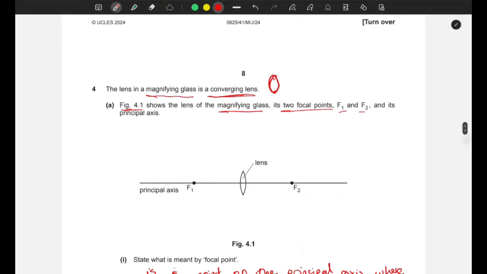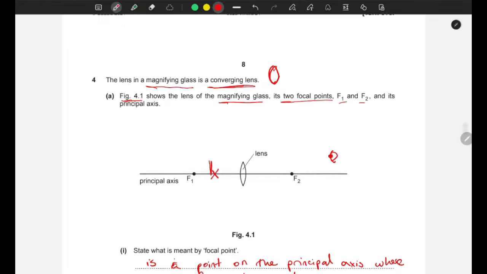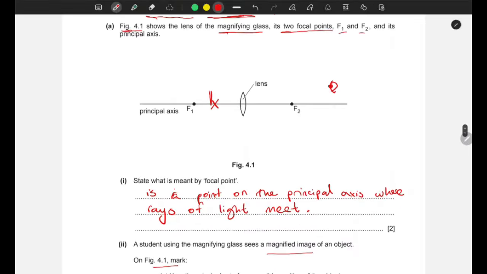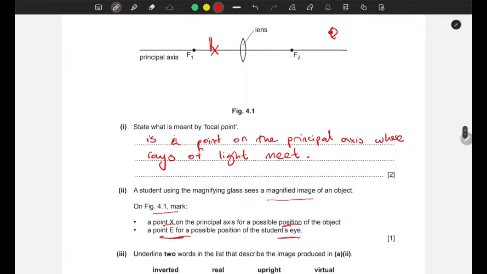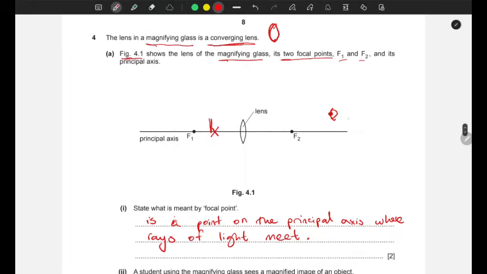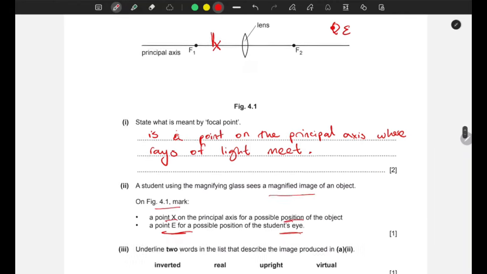So the object can be over here maybe, and we mark this one X. If the object's over here, the light rays should pass through the lens. So the eye, the observer, should be somewhere around here on the other side of the lens, and we mark that as point E. So point E is the observer, and point X is the position of the object.